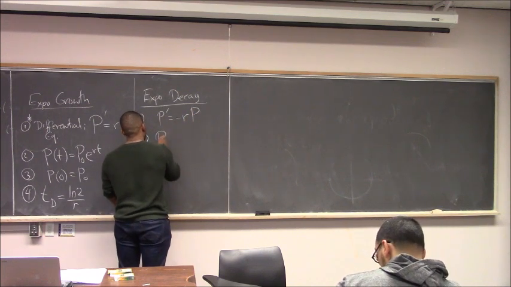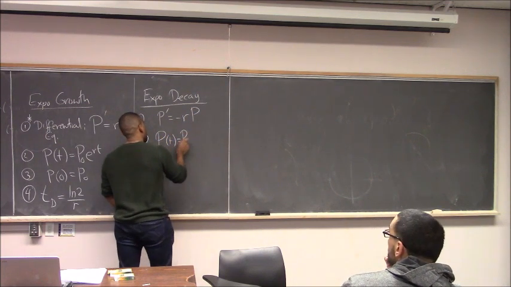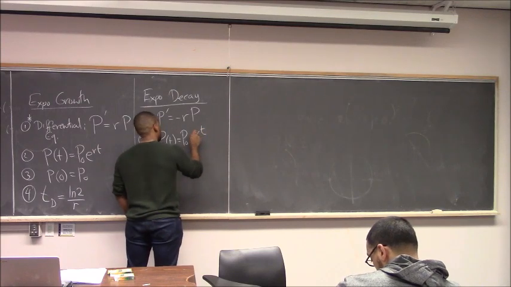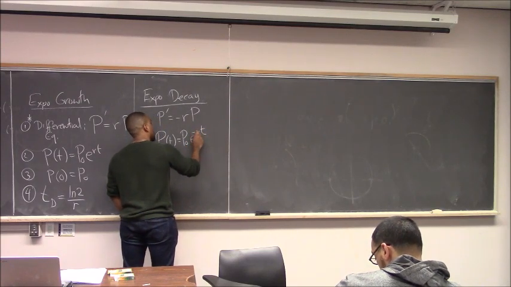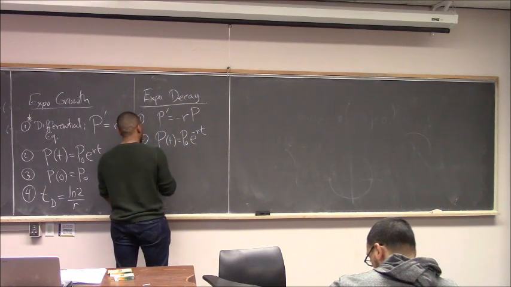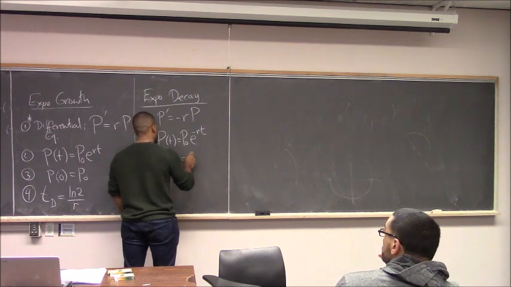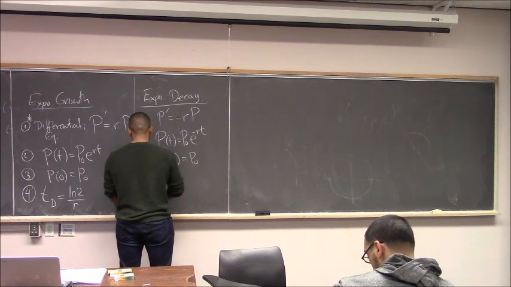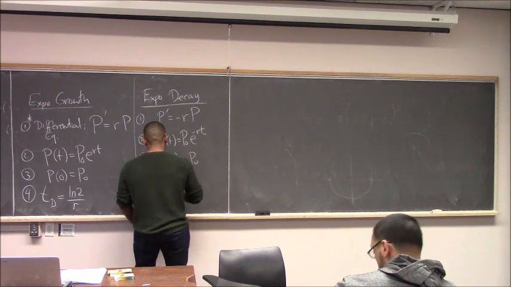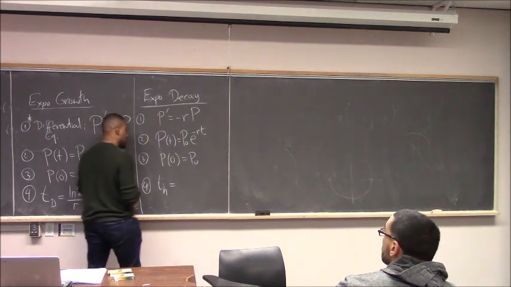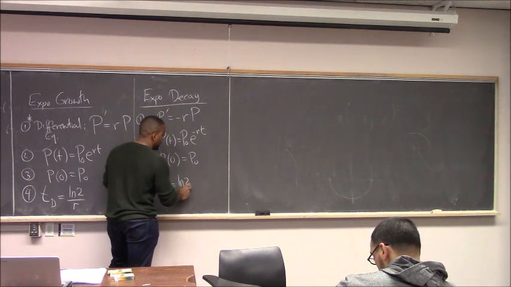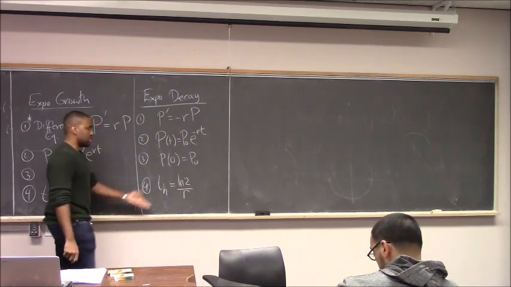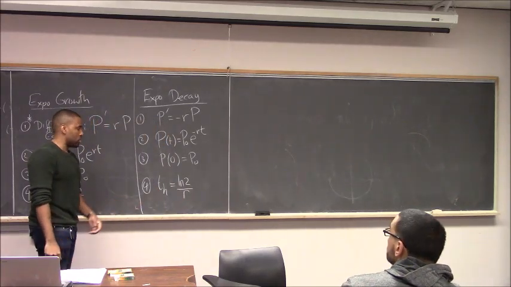The actual equation for P of t would be equal to P naught e to the minus rt. This will be the same, and there's something called the half-life, which I define as T sub h, which is ln2 over r. So that's the time taken for you to have half of what you started with.